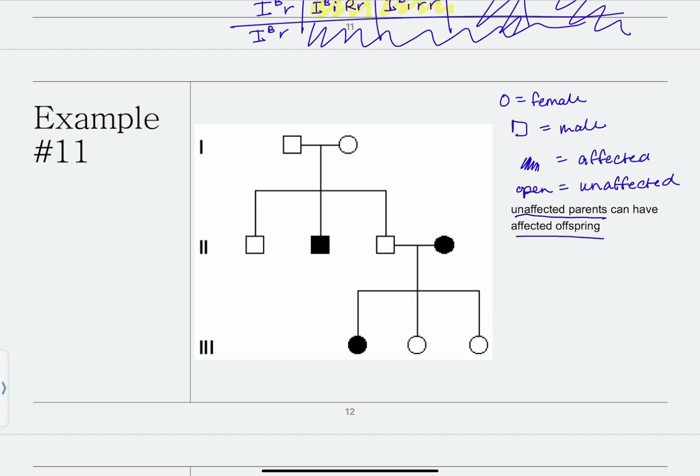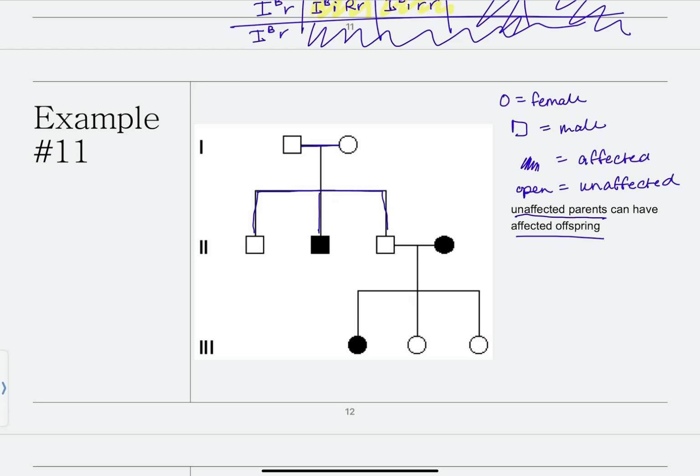Other things about a pedigree, which I probably failed to mention, is the line that's connecting a circle and a square represents a union. I'm not going to say marriage, in which point they had these 3 offspring. So they look like they had all boys, that poor mom.